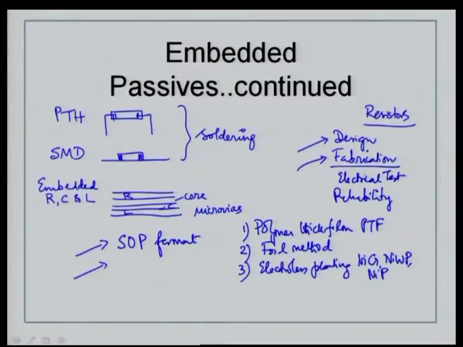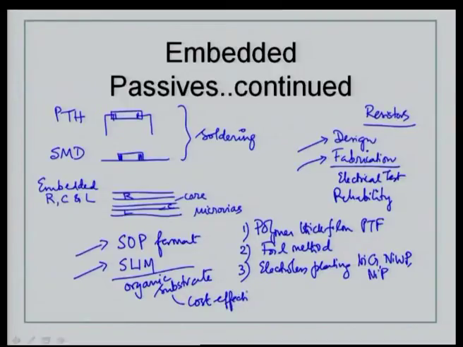And we also talked about system level integrated modules based on organic substrates. I do not have to emphasize here that organic substrates are very cost effective, and you have to always look at building embedded passives in an organic substrate.